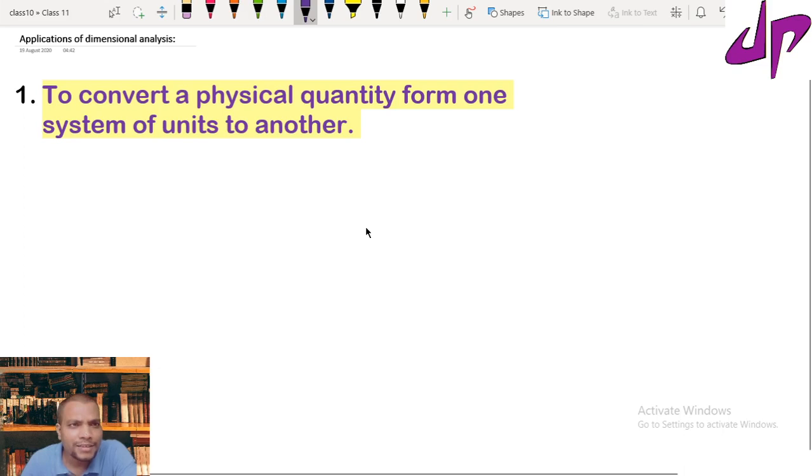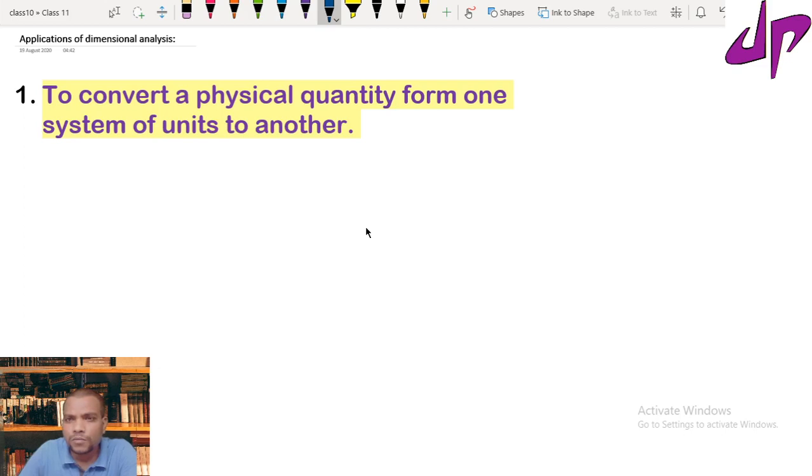Under that, the very first important application is to convert a physical quantity from one system of units to another. Let me take an example. We know that force is a physical quantity.